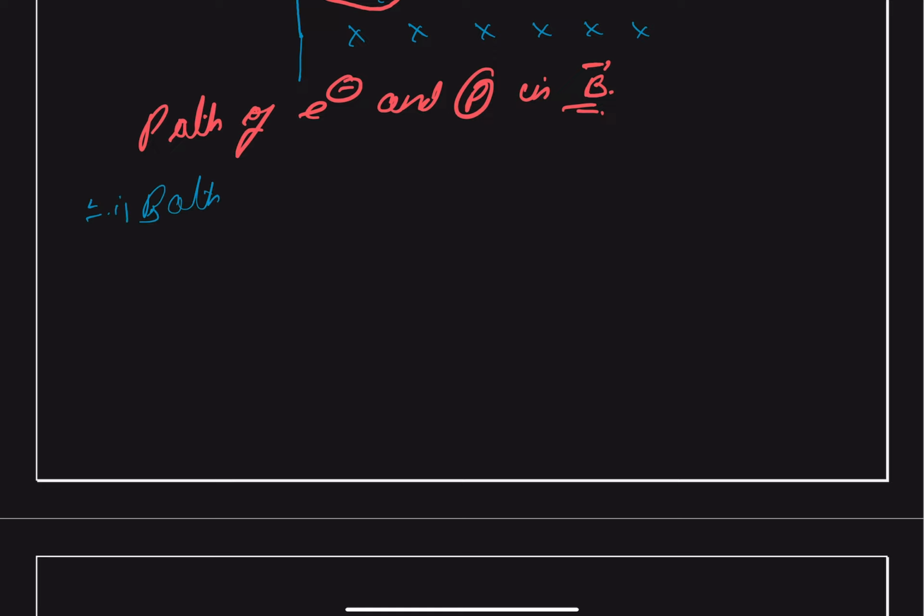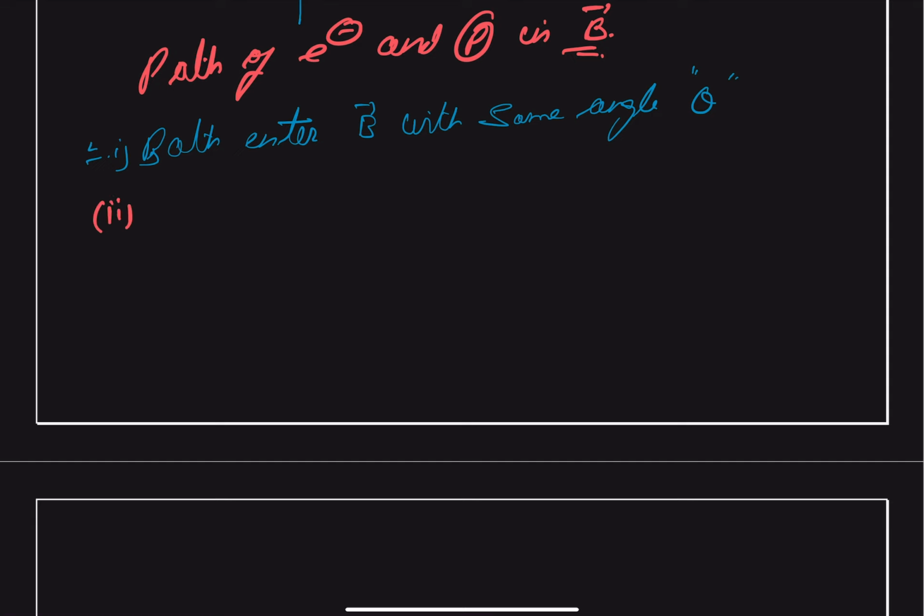So you can say both enter the magnetic field with the same angle theta, and since they have different charges, they are deflected in opposite direction.